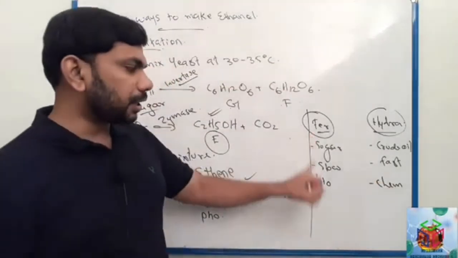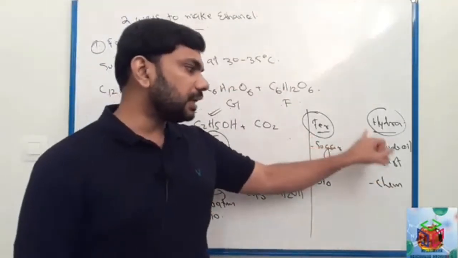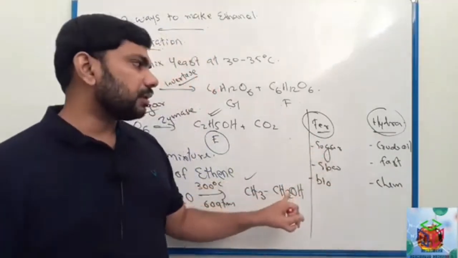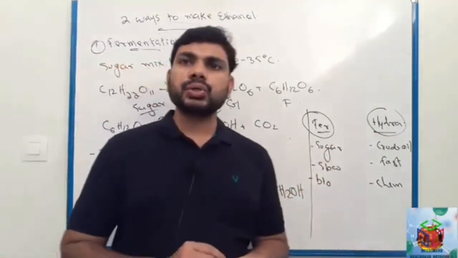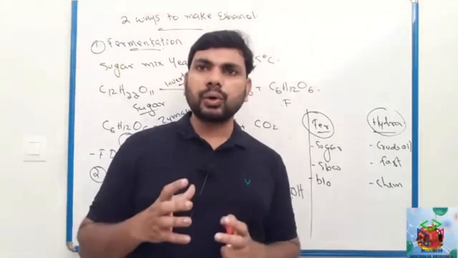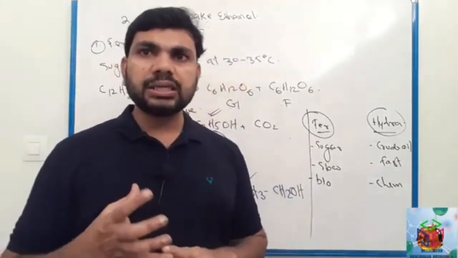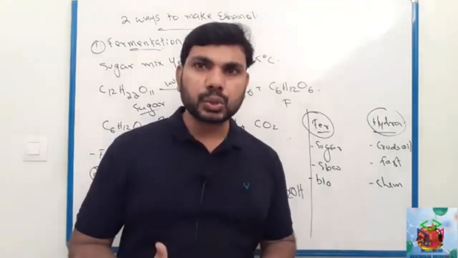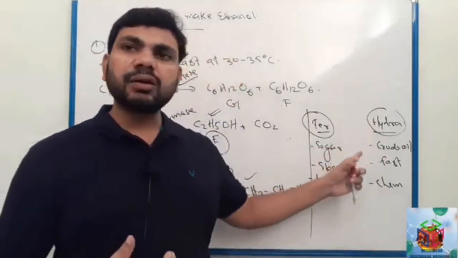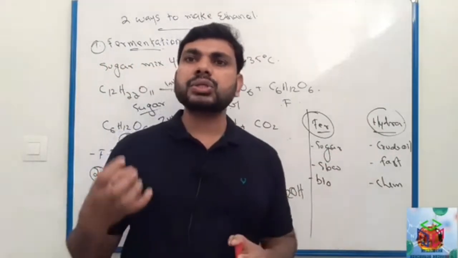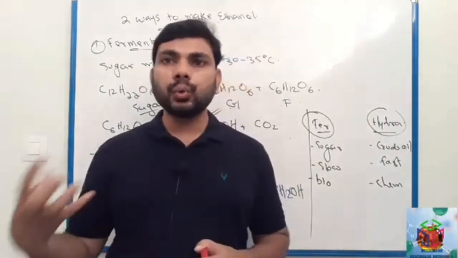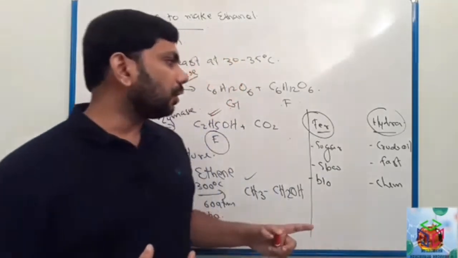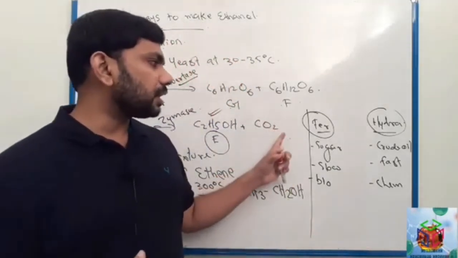Also, the source for fermentation is plants, especially sugar cane. This is the major source. In hydration of alkene, the major source of alkene is crude oil, a fossil fuel. And here alcohol is obtained by fermentation.